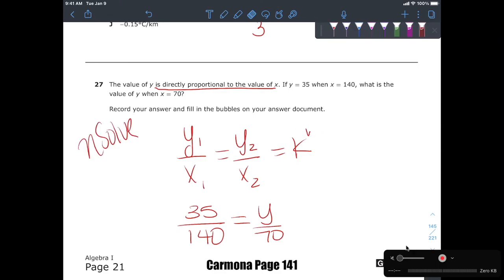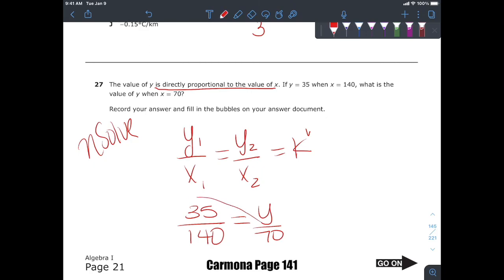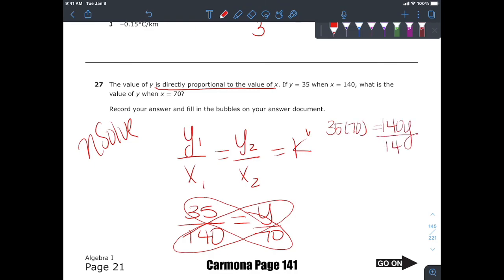So I can go my proportional equation setup. I can go ahead and cross multiply. And I can go ahead and isolate my y. And I'll find out that y has a value of 17.5.